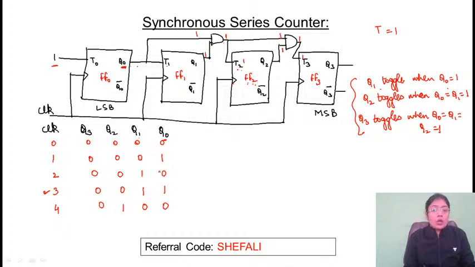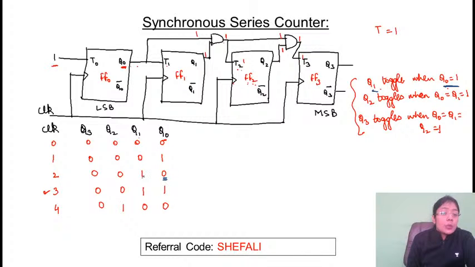For this clock, here, let me change the ink color. Here, the value of Q0 was 0. Right? तो Q1 toggle नहीं करेगा. Q1 कब toggle करेगा? When the value of Q0 is 1. But the value of Q0 is what? The value of Q0 is 0.